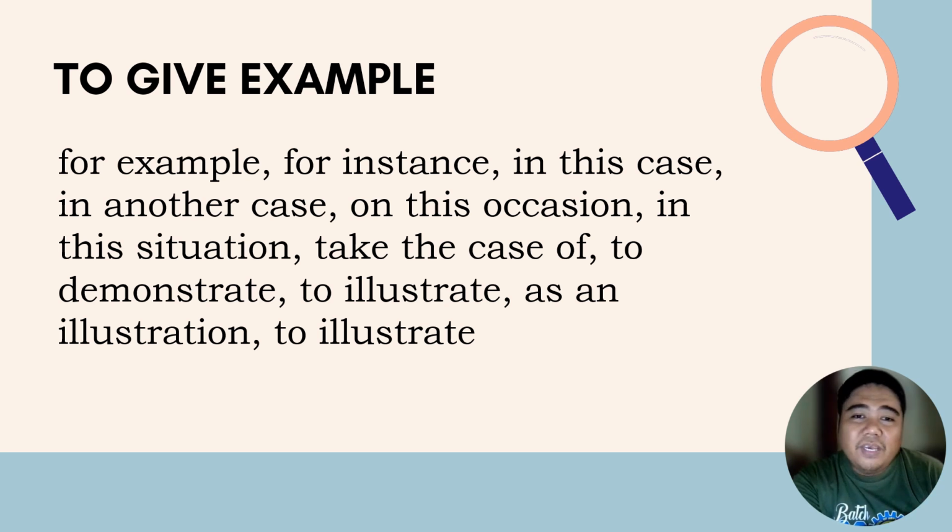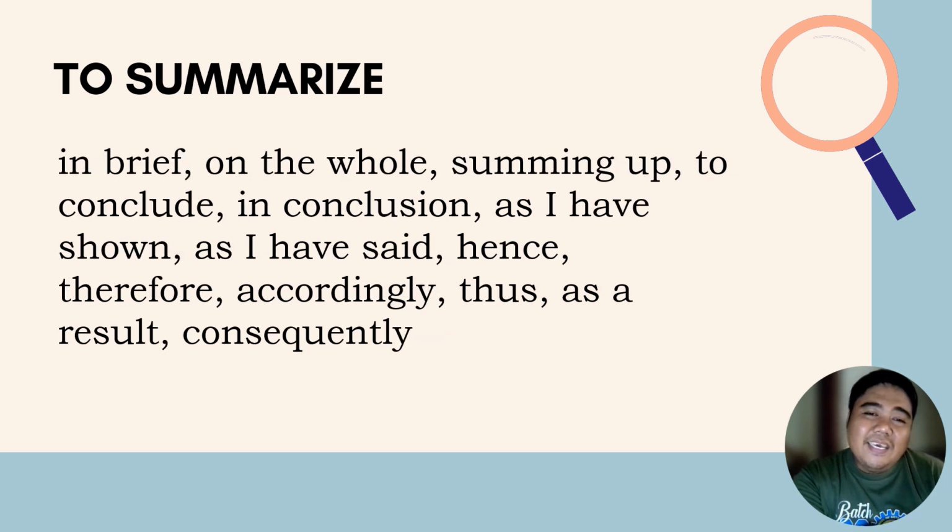Or we can also give example, like, for example, for instance, in this case, in another case, on this occasion, in this situation, etc. And finally, we can use transitional devices to summarize, like in brief, on the whole, summing up, to conclude, in conclusion, as I have shown, as I have said, hence, therefore, accordingly, thus, as a result, consequently.